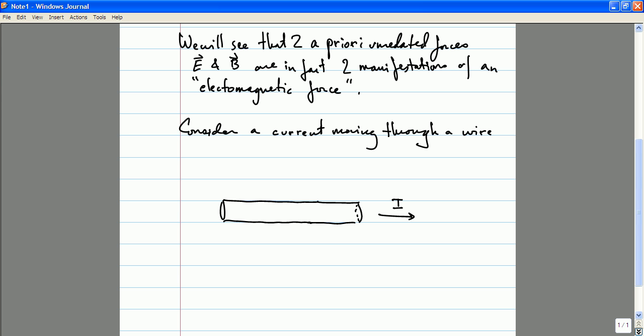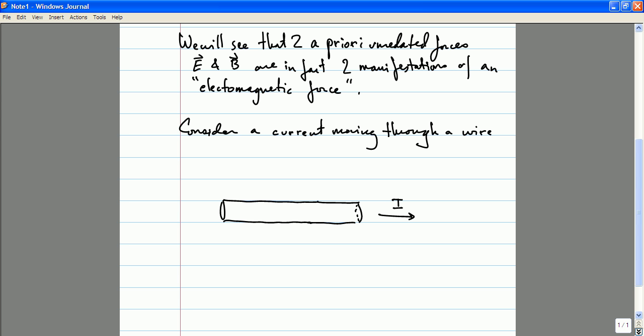Well, microscopically, there are lots of charged particles in this wire. Namely, there are electrons which have a negative electric charge, and there are also protons which have some positive electric charge. And the statement that we have a current is a statement that these various charged particles inside the wire are moving.